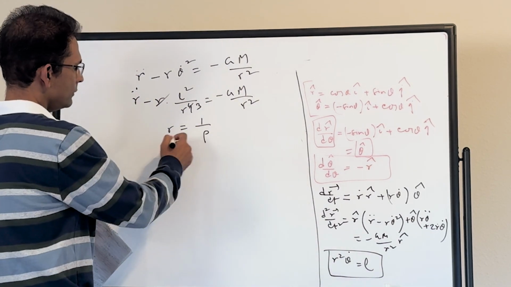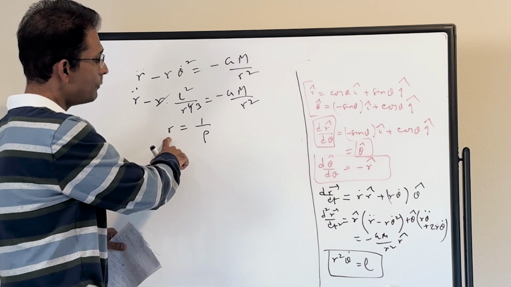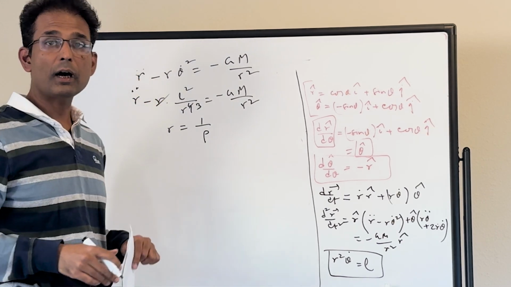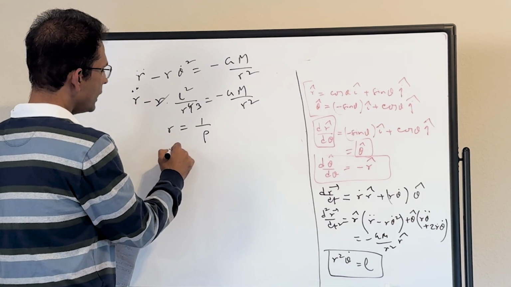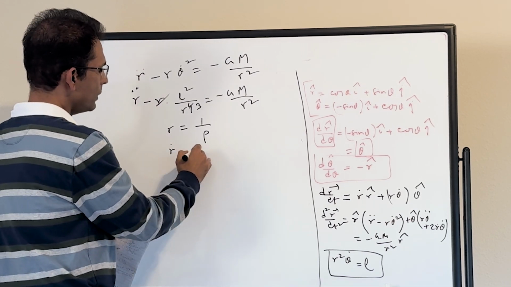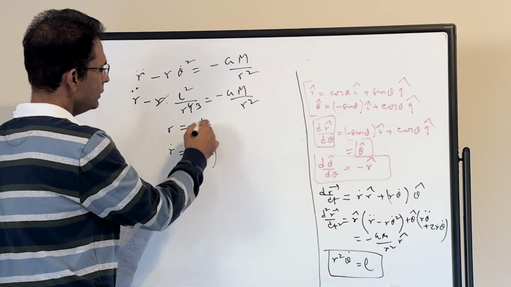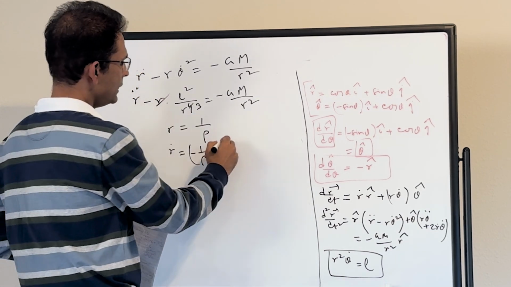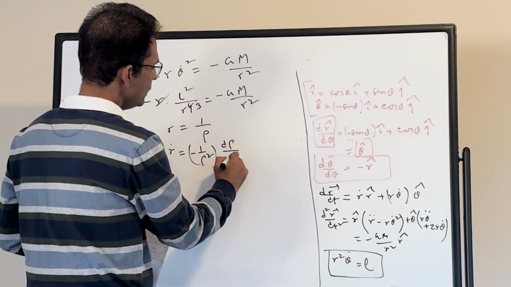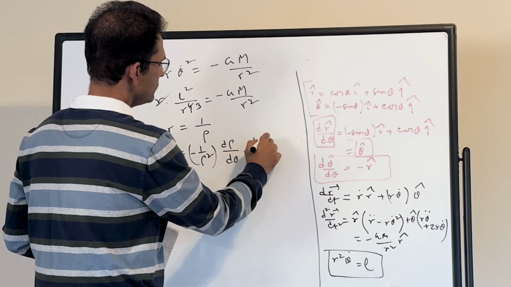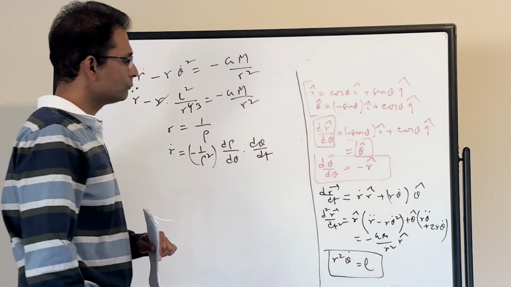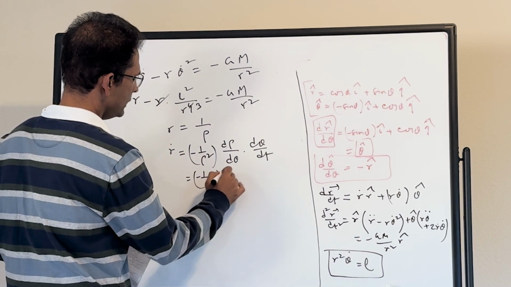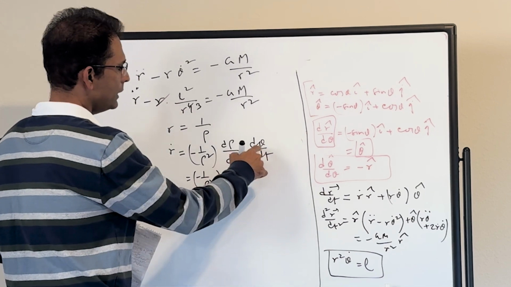What I'm going to do is take the derivative of r with respect to time. These dots are the time derivatives. So let's do r dot first. r dot is going to be minus, using the chain rule, d/d rho of this, and then d rho/dt, which you can write as d rho/d theta times d theta/dt. So this is d rho/d theta, and this is theta dot.